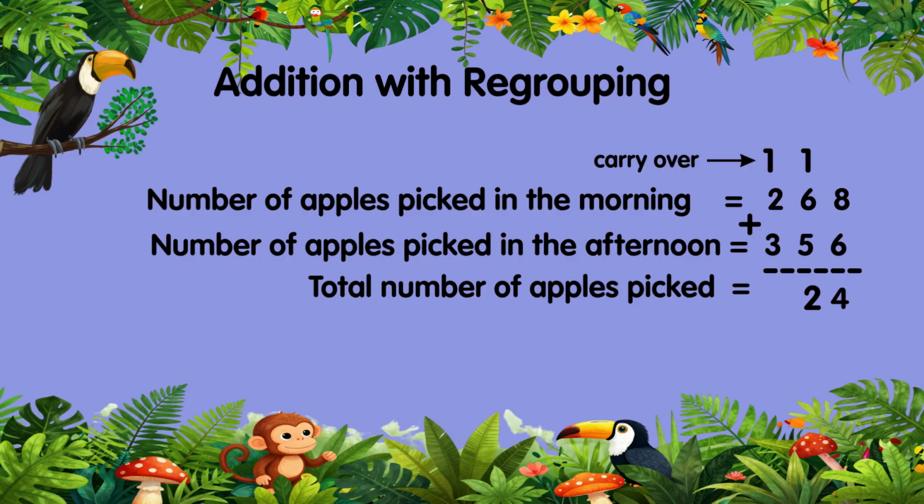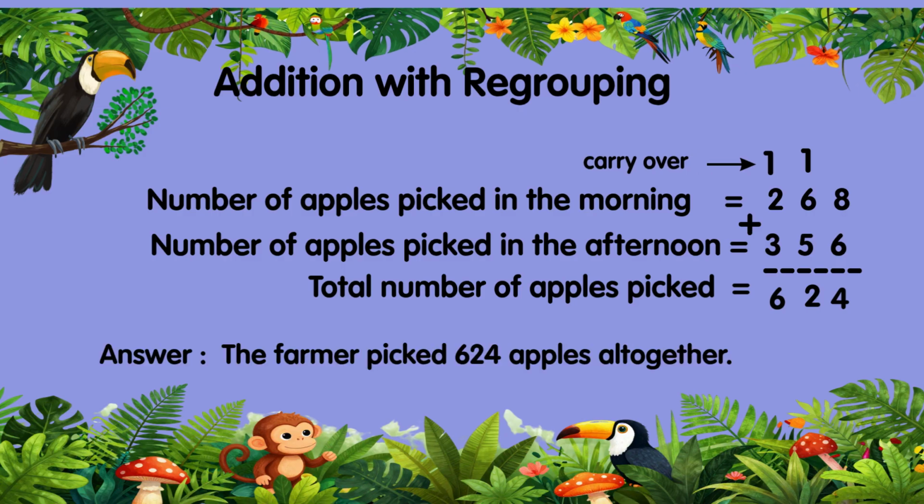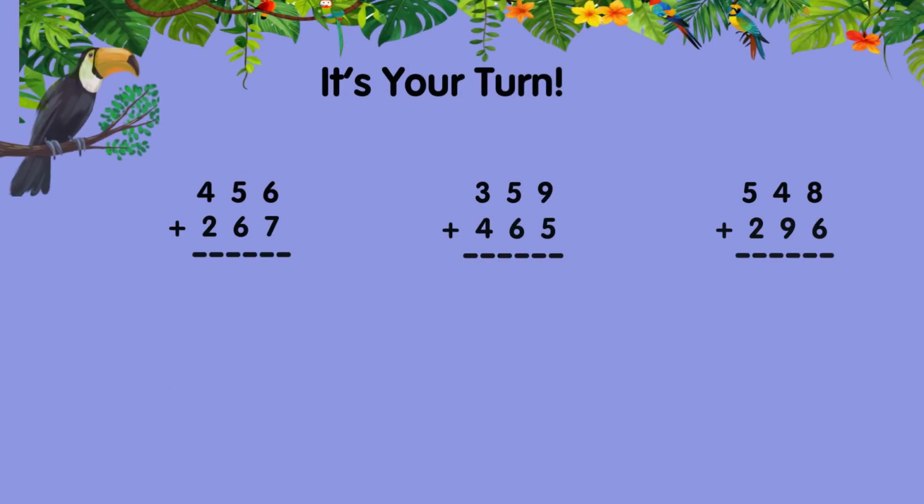Now add the hundreds. 1 carried over plus 2 plus 3 equals 6. Write 6 in the hundreds place. So our answer is 624. Very good children. The farmer picked 624 apples altogether.